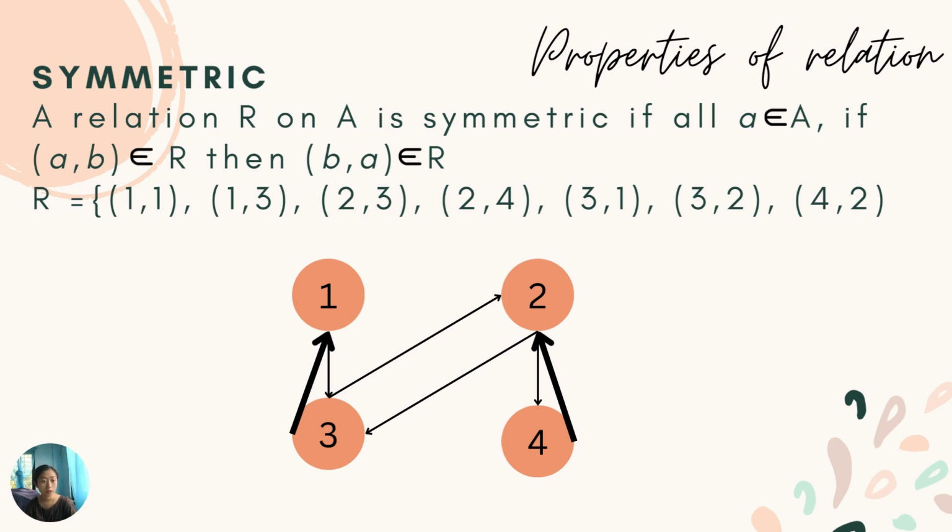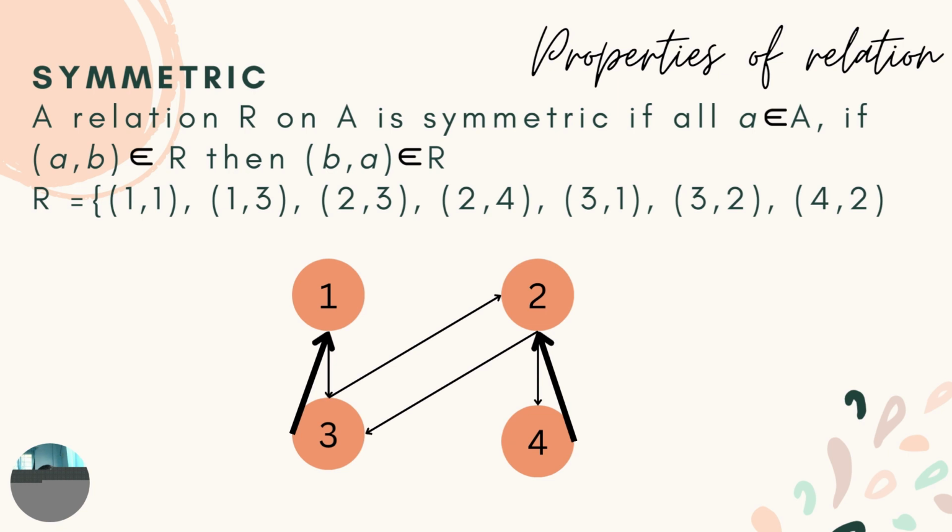From the given, 1 to 1, kumbaga ito ay may touch of reflexive, but upon the many of the given set of elements, yan, 1 to 3, then 2 to 3, then 2 to 4, then balik ulit 3 to 1, then balik ulit 3 to 2, and 4 to 2.